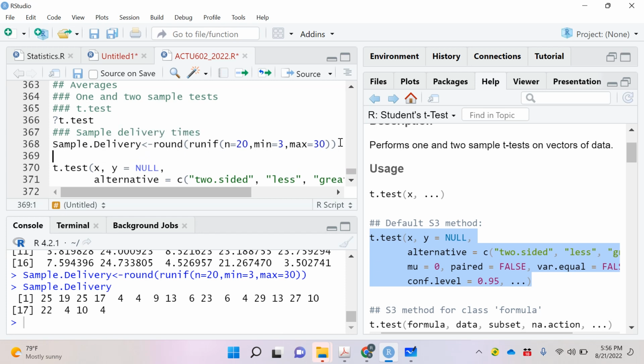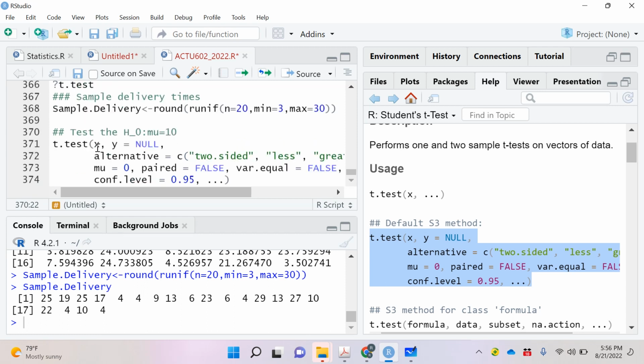We want to test the hypothesis, the null hypothesis, H naught, that mu is equal to 10 minutes, right? That's what we want to test. So X will be the delivery times. X is the delivery time. Do we have Y? No. So I can delete it or leave it like that because it's null. It doesn't contain any value.